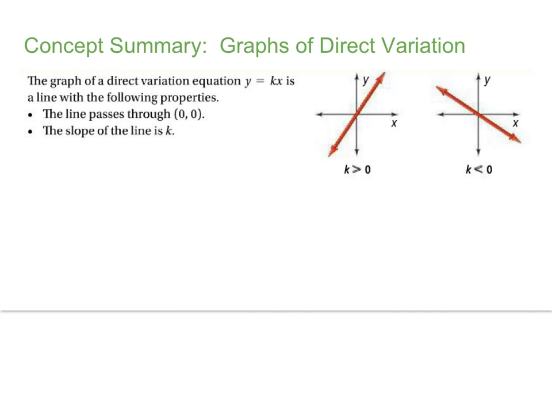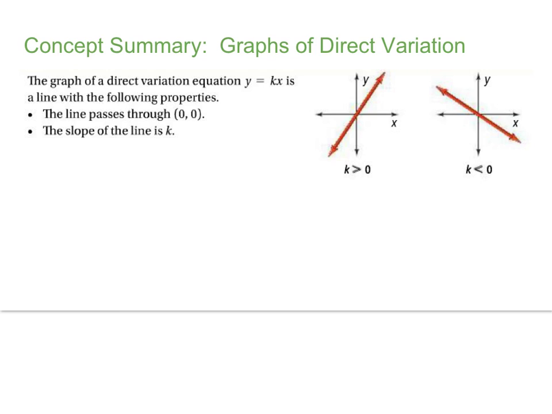So just as a concept summary, graphs of direct variation. The graph of direct variation equals y equals kx, where k is the constant of variation, and that's a line that passes through the origin 0, 0 and has the slope k.